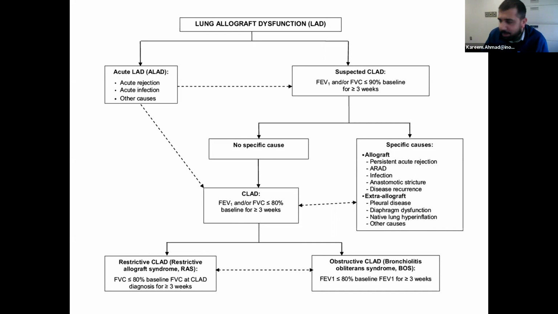Now, if you have eliminated all specific causes, and now you have a sustained less than 80% of baseline for greater than 3 weeks, then now you have to start thinking about truly chronic rejection. So I think that this diagram kind of helps you sort through some things when you're trying to figure out what is going on.